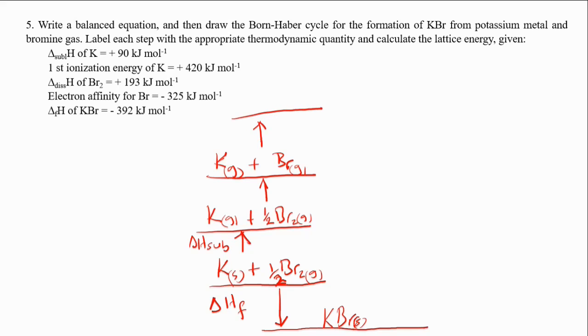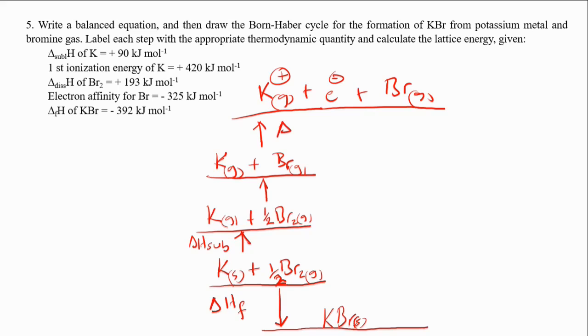The next thing we could do is ionize potassium, so potassium ions, gaseous, plus an electron, plus bromine atom, gaseous.